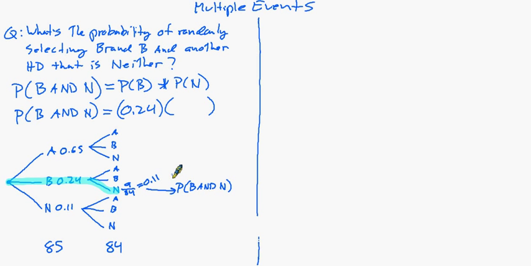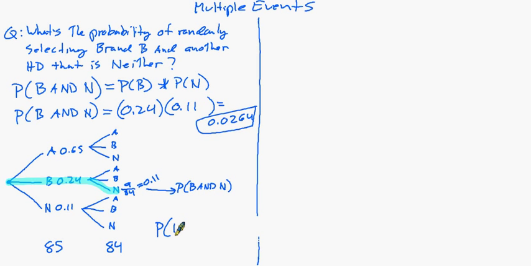Still, the difference is farther out in the decimal places. So what we can do is plug in our 0.11 there, and we end up getting 0.0264 as our probability of those two events happening sequentially.